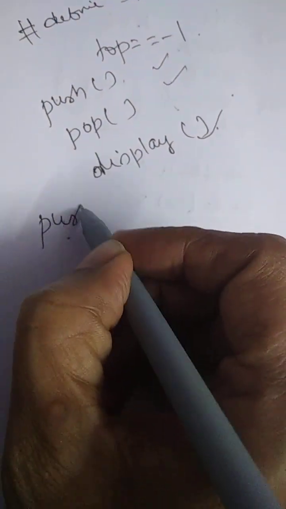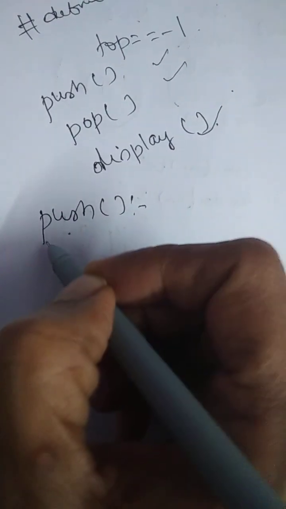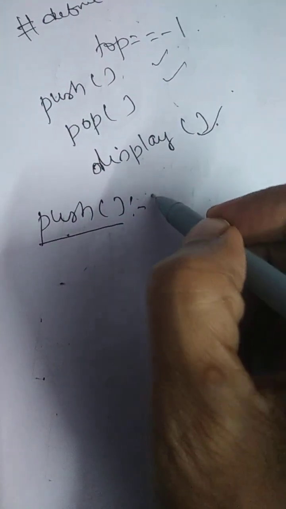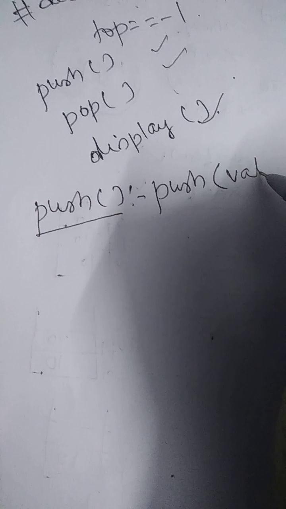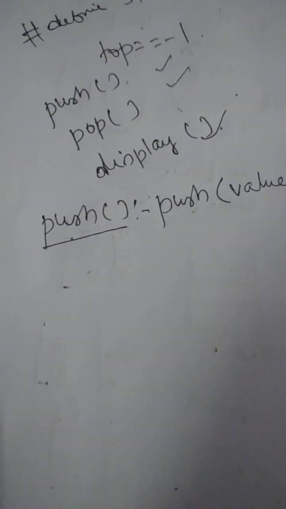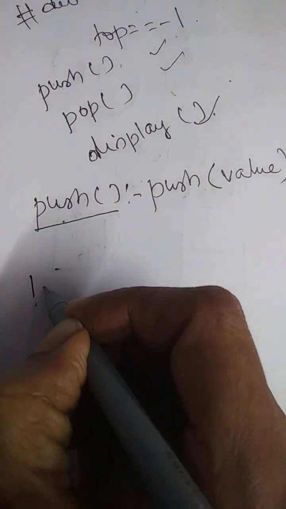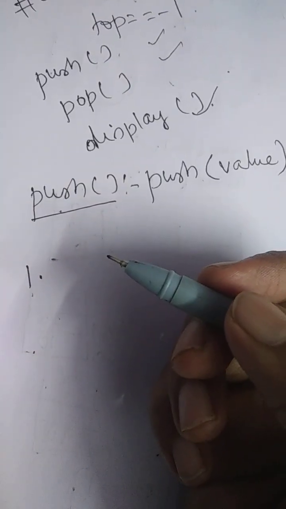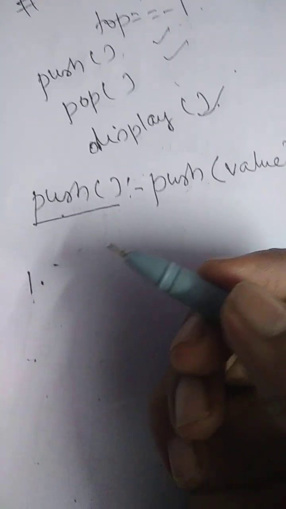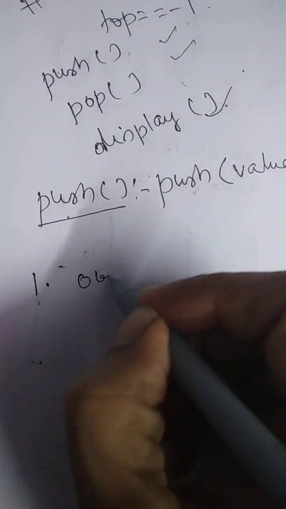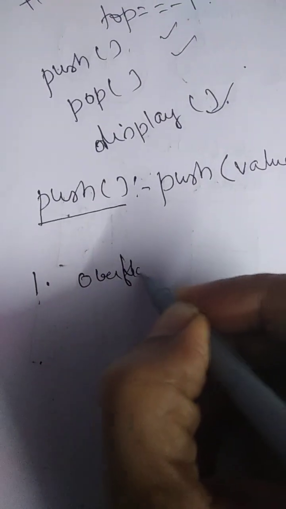Now we will see the stack push, the first operation. The push function will take one value, push of value. So you are inserting the value 10 into the stack. Before inserting the value, you have to check the overflow condition. What is the overflow condition here?